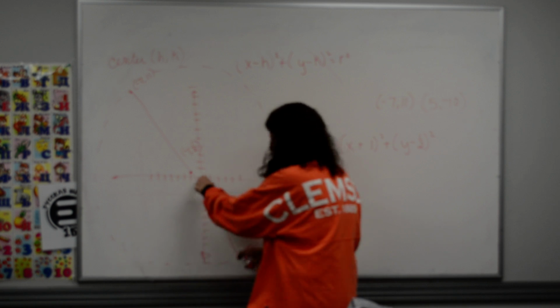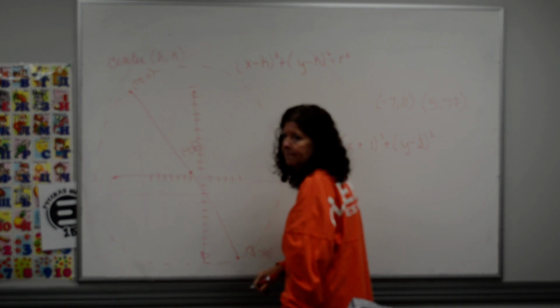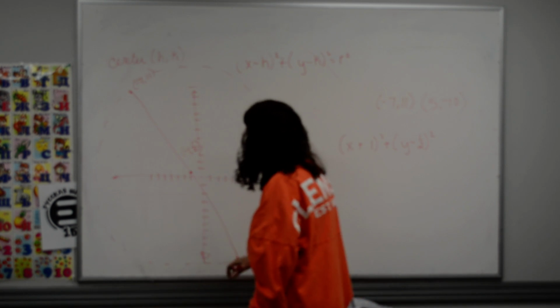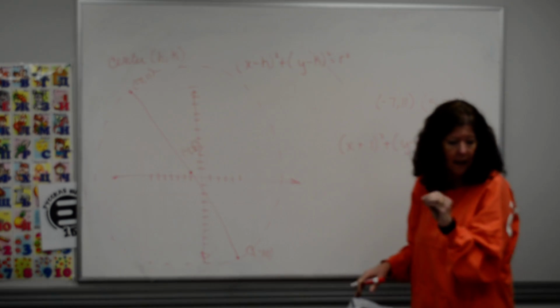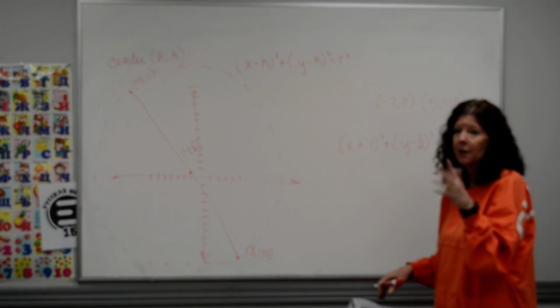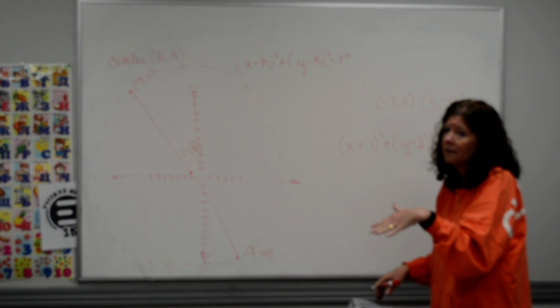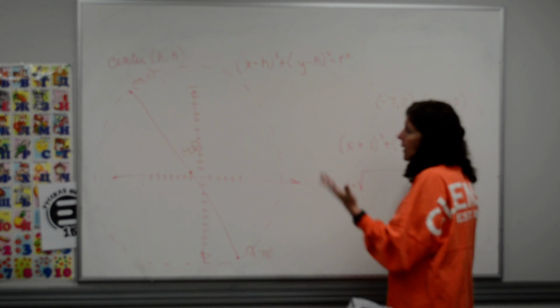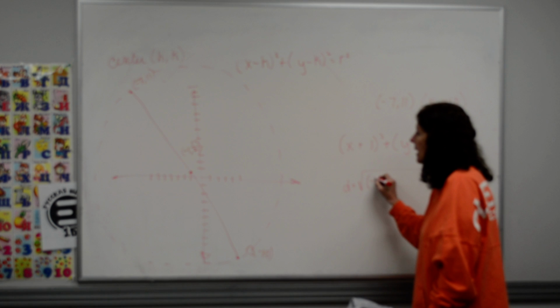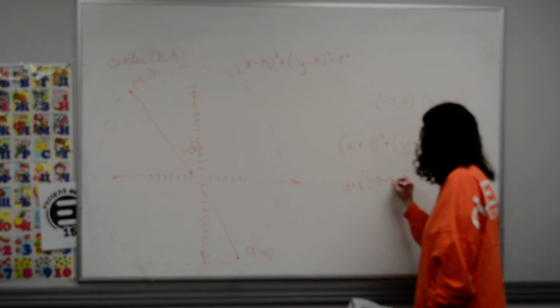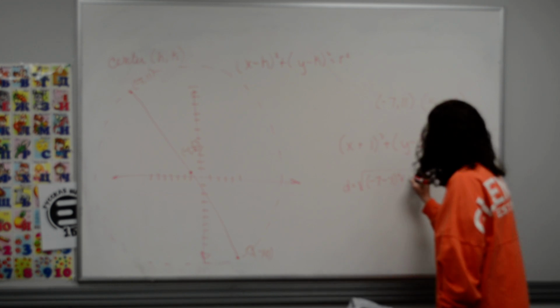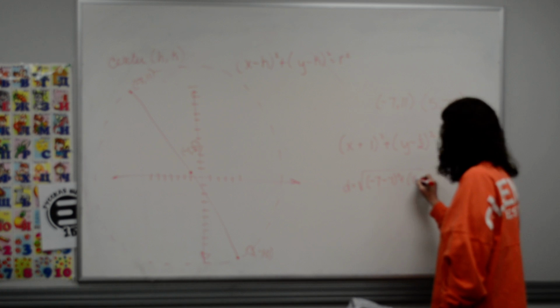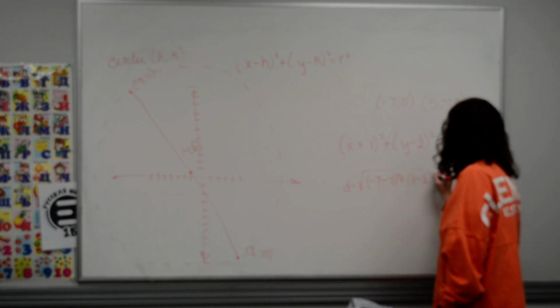At this point you do not have the distance formula in your calculator, so we're going to do it by hand. It's the square root of -7 minus a -1 squared plus 11 minus 1/2 squared.